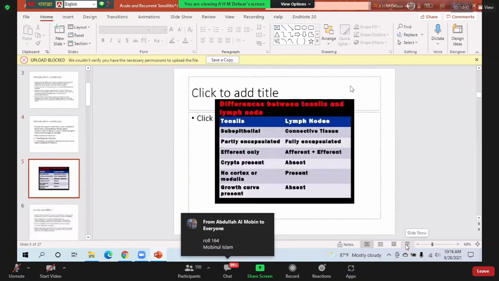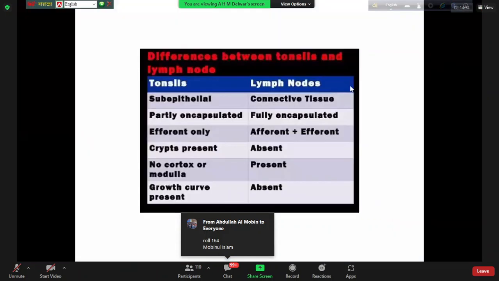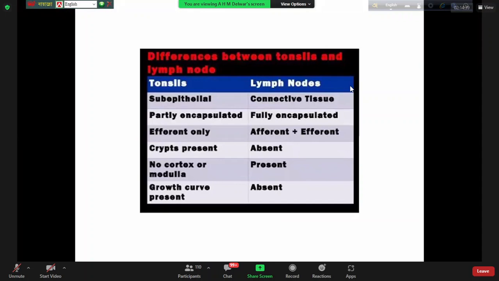There is another question you frequently face: the difference between tonsils and lymph node. What are tonsils and what is a lymph node? Tonsil is a subepithelial collection of lymphoid tissue, but a lymph node is present at the confluence of the lymphatic vessels, small masses of lymph tissue.